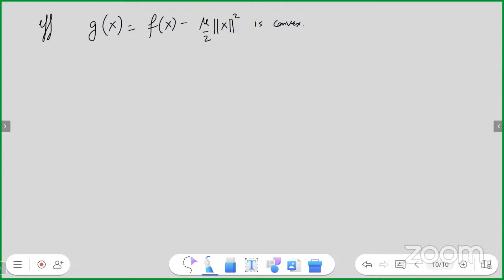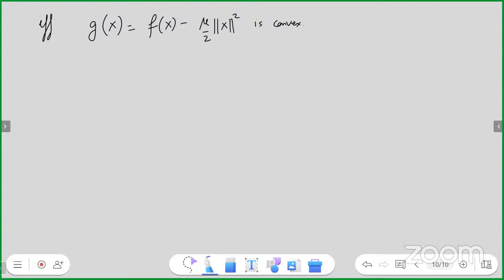Now, is x square strongly convex? Is it obvious? It will simply give you mu by 2 mod x square. And that clearly is convex. So x square is at least one strongly convex.